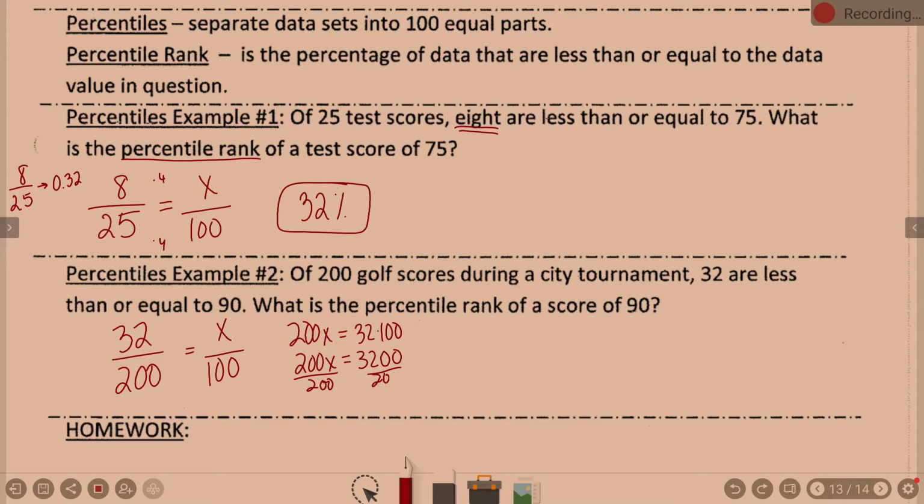Divide by 200, divide by 200, which is 16. 16%. So 16% of the scores are below 90, or less than or equal to 90.